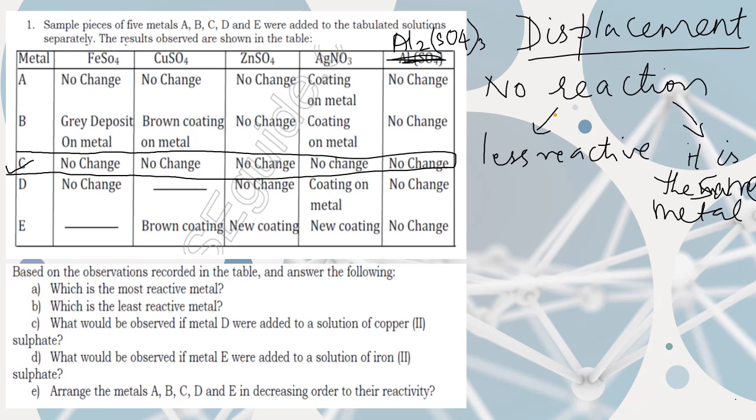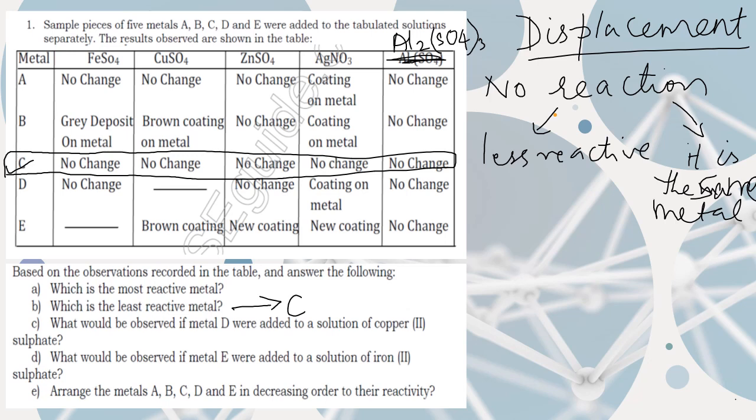Metal C is not reacting with any of the salt solutions, which means it is the least reactive metal. Metal C is least reactive. Now the most reactive one is the one which is displacing everything. So for that we need to check where we are noticing the maximum changes.